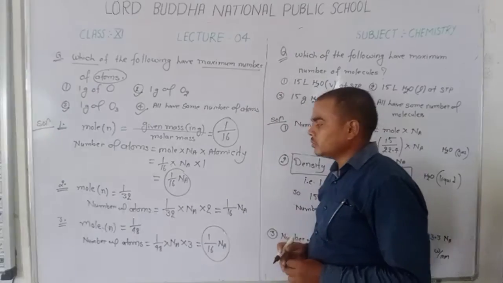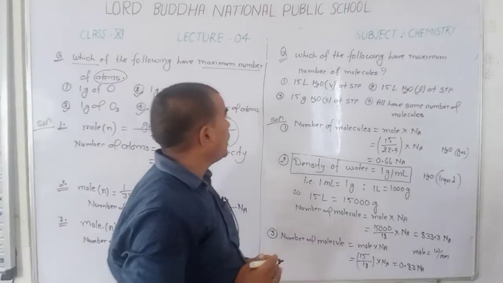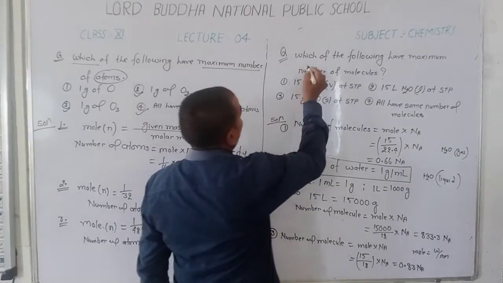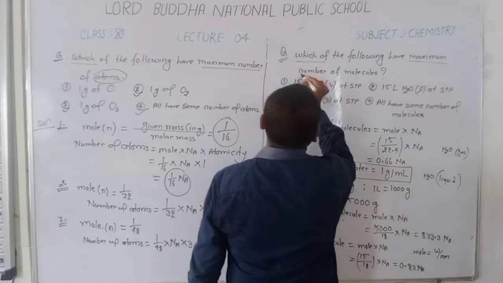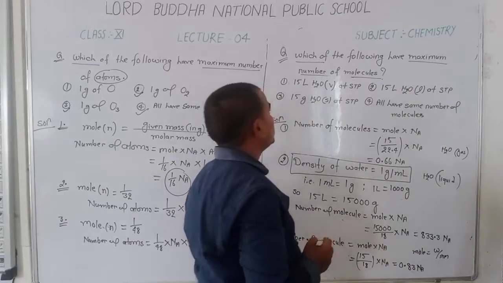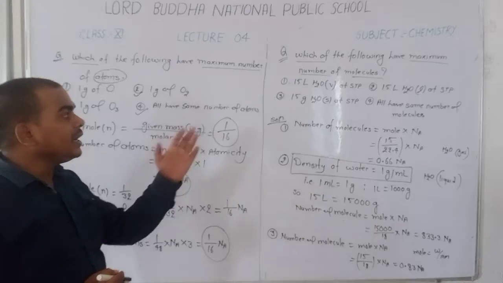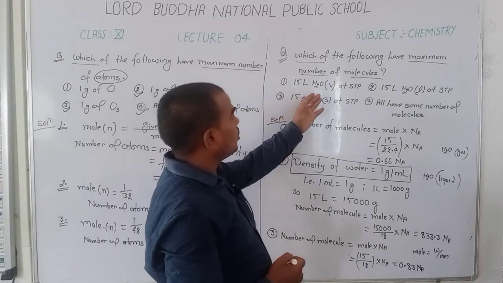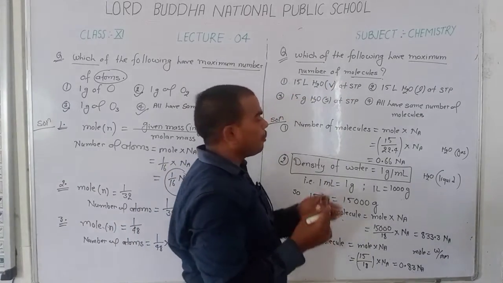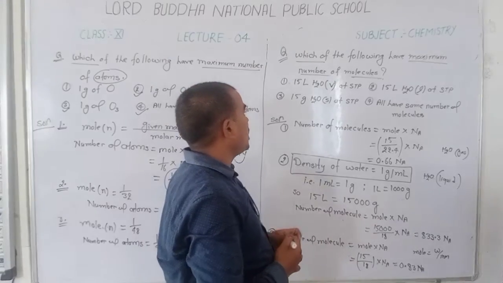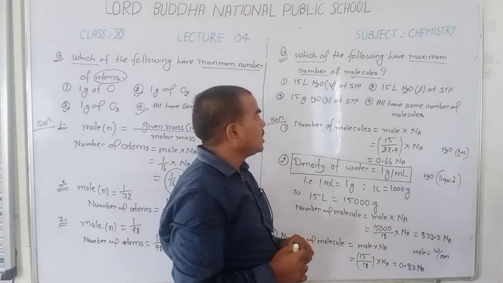Next question, and a very interesting question: which of the following has the maximum number of molecules? First option, 15 liter H2O, here H2O in the form of vapor, meaning gas at STP, standard temperature and pressure.